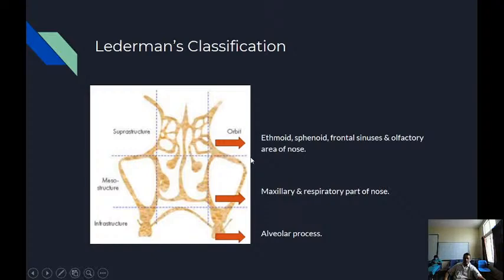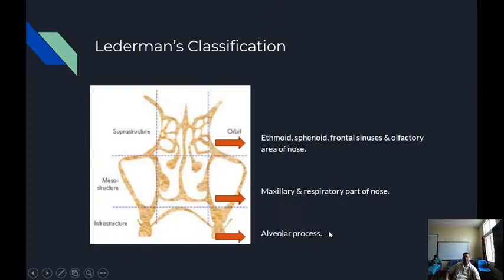So a line is drawn along the floor of the orbit, and another line at the floor of the maxillary sinus. This divides them into three compartments. The first one is the ethmoid, sphenoid, frontal sinus and olfactory area of the nose, where the prognosis is bad. The second is the maxillary respiratory, and the third one is the alveolar.